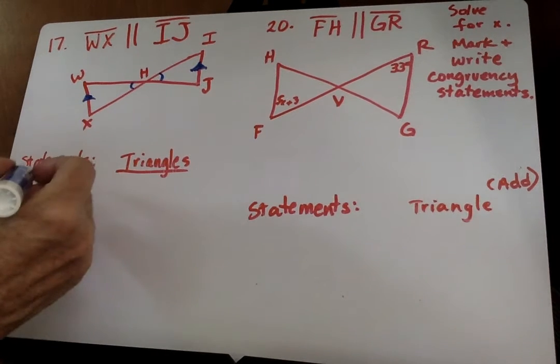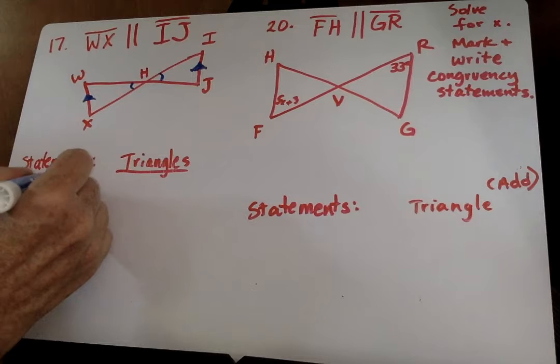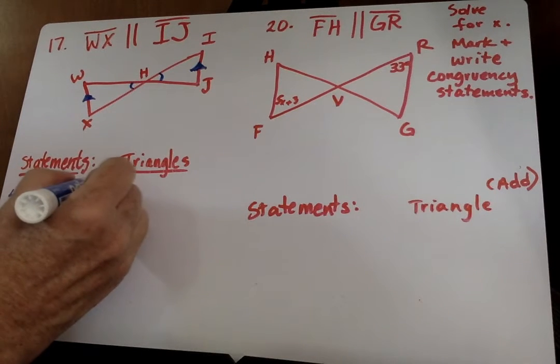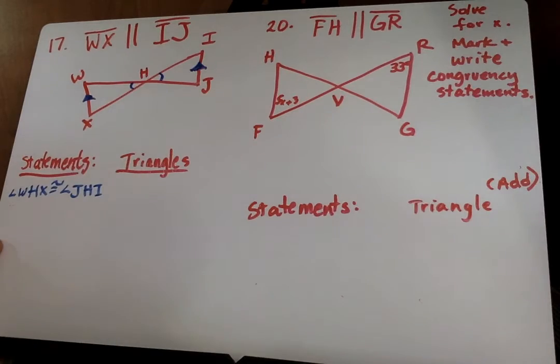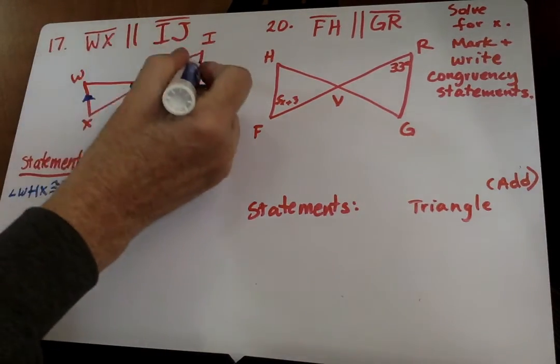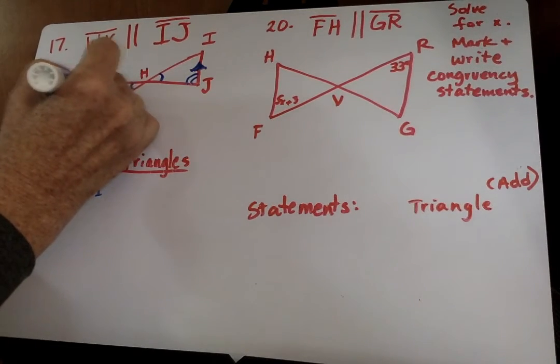We're going to say that angle WHX is congruent to angle JHI. Next, since these are parallel lines, this one angle is going to be congruent to that one.